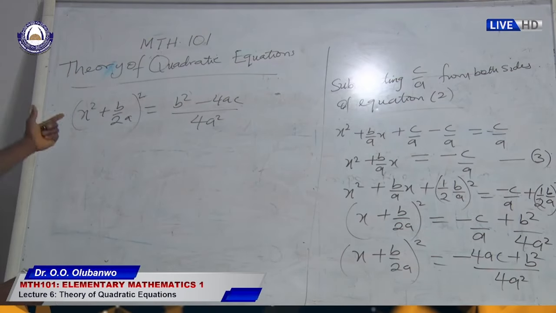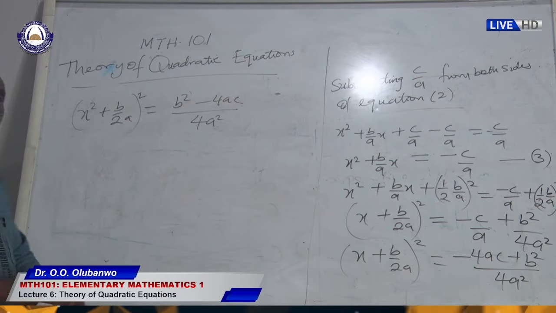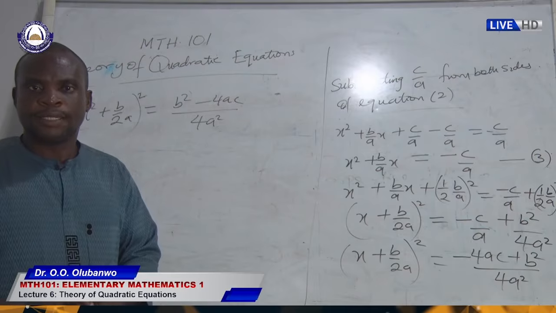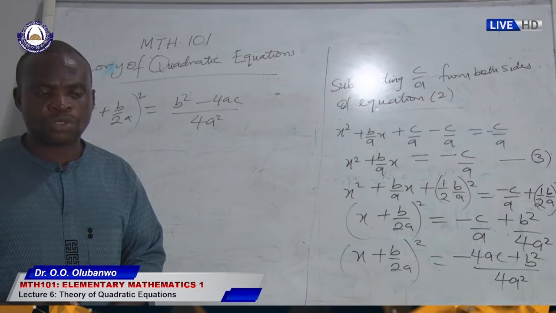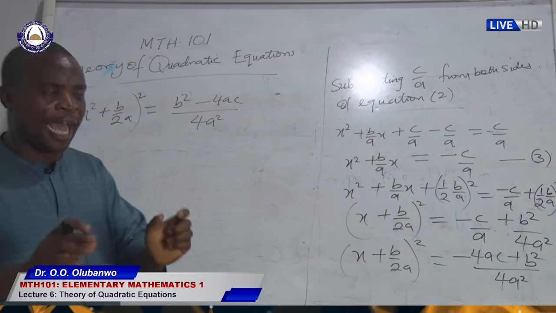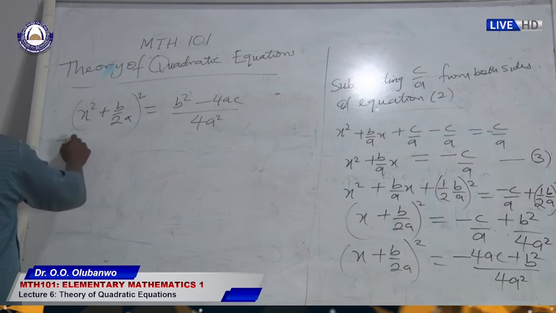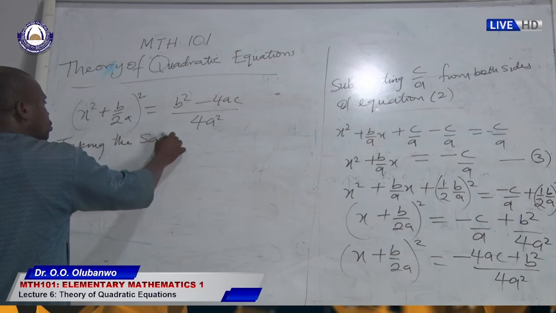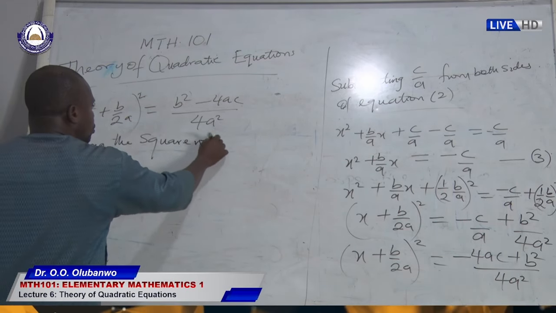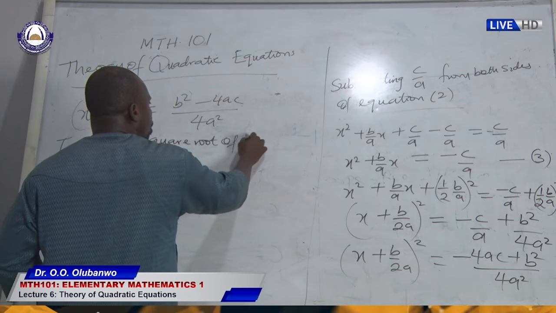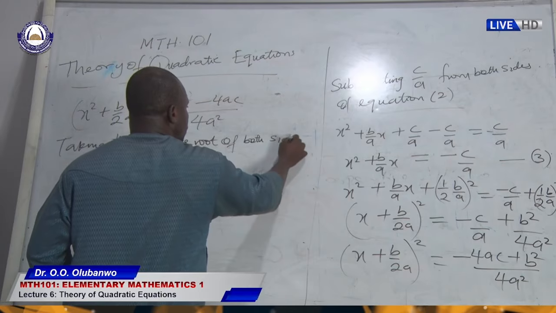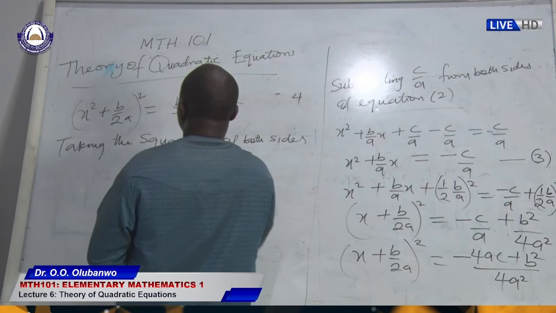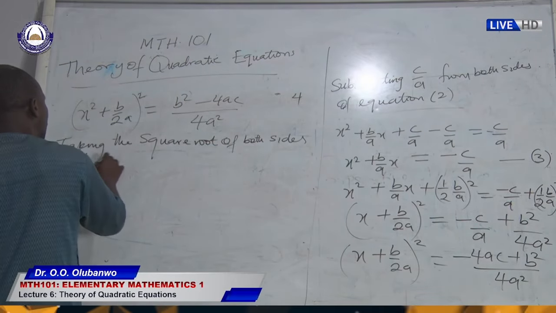Now we have this. The next thing for me to do is to take the square root of both sides. Let me label this as equation 4.